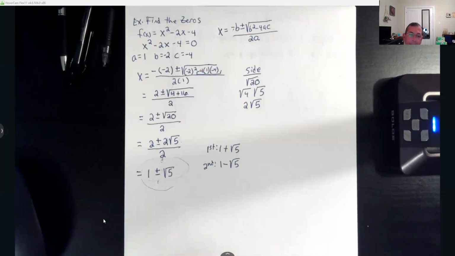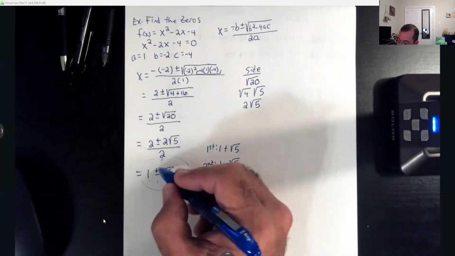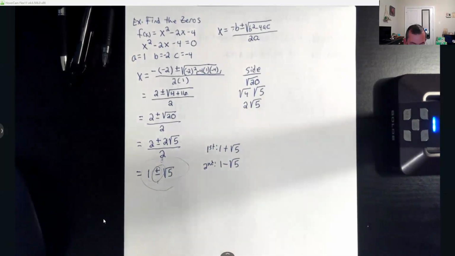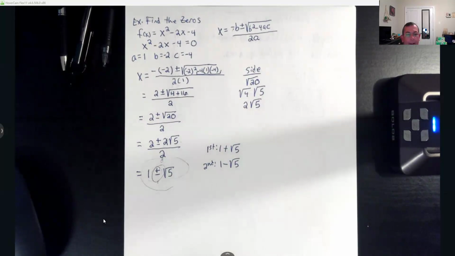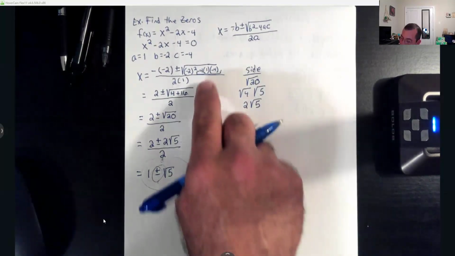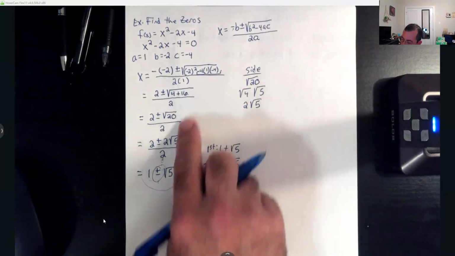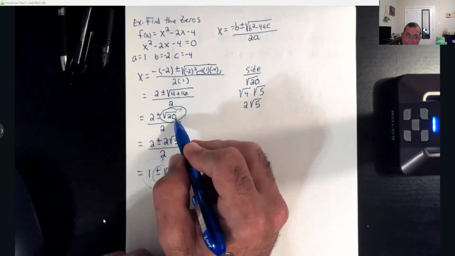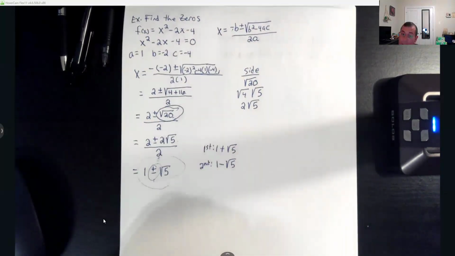Okay? So that's how you get the 2 answers, by using that plus or minus. Hey, y'all, so that's what we're doing. We're playing with the quadratic formula. And I say the trickiest part is simplifying them radicals if you have to, okay?